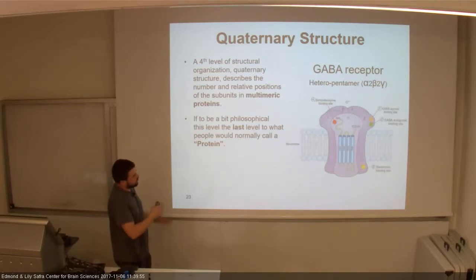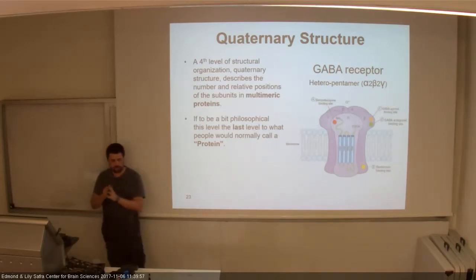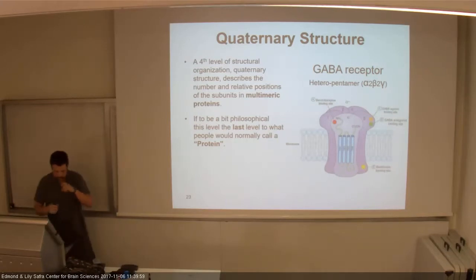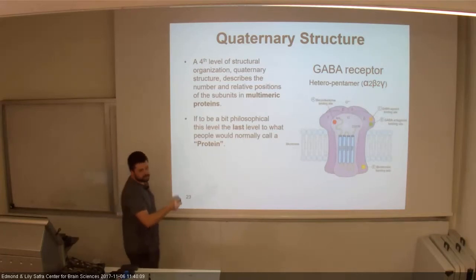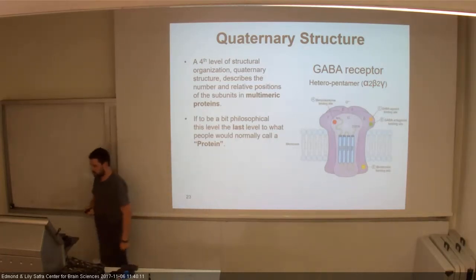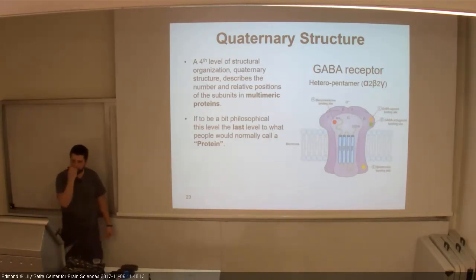You need all of them together, and they find each other and assemble to form a functional channel that, when it attaches to GABA, allows chloride ions to penetrate the cell membrane. Okay? Yeah. What do you mean they come together?